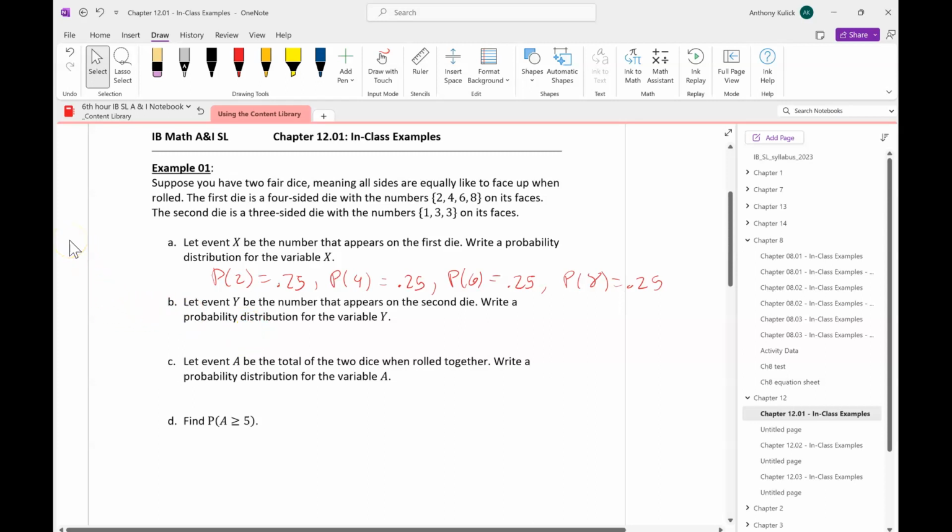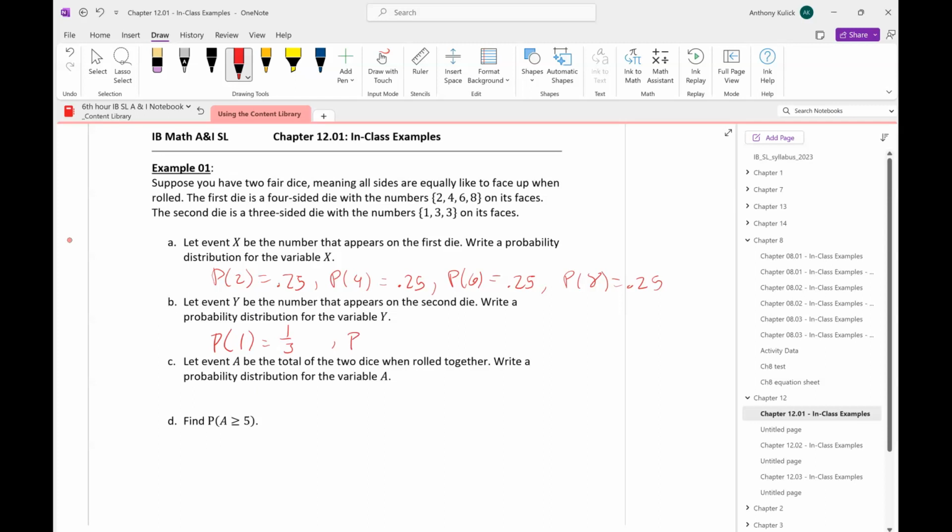It would be like P(1) equals 0.33. Okay, I'm going to write it as 1/3 so we don't do any rounding. And just do that for the rest of them. P(3) is equal to 1/3. Is it equal to 1/3 though?